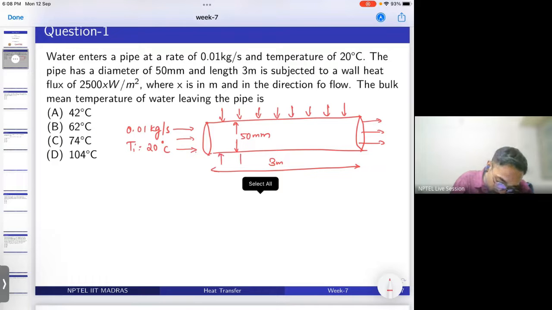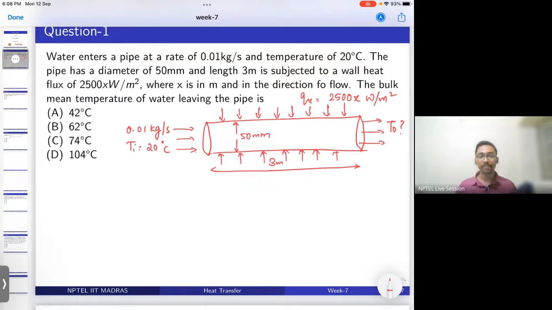The pipe is subjected to a heat flux, not constant, it's a function of x, that is q''(x) equal to 2500 x watts per meter square.